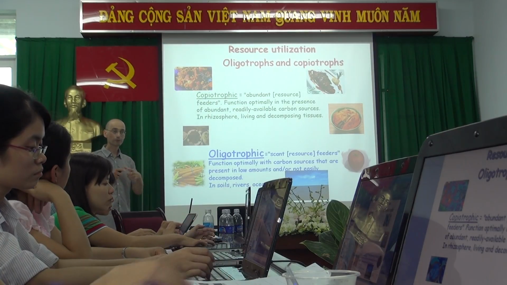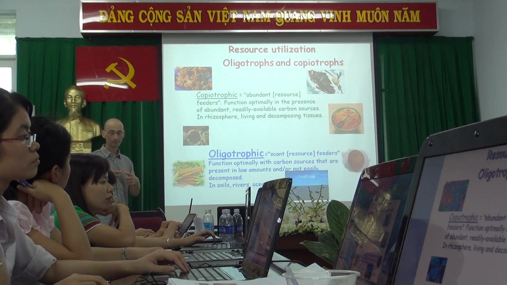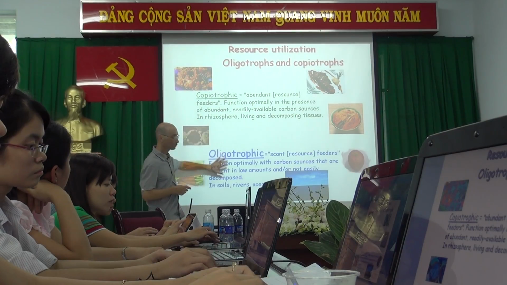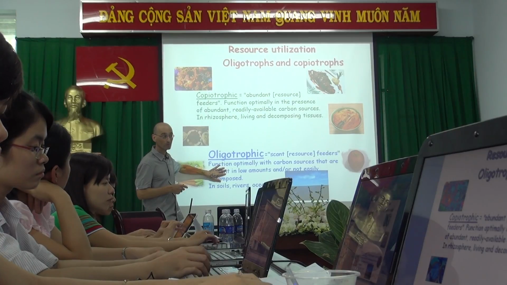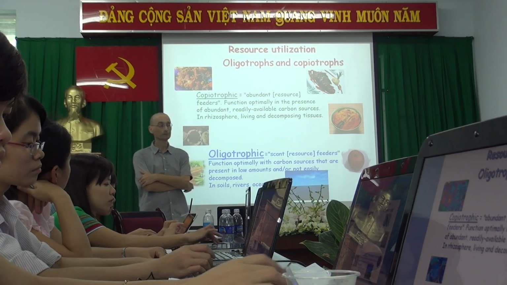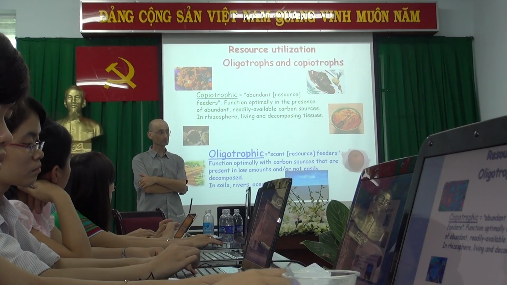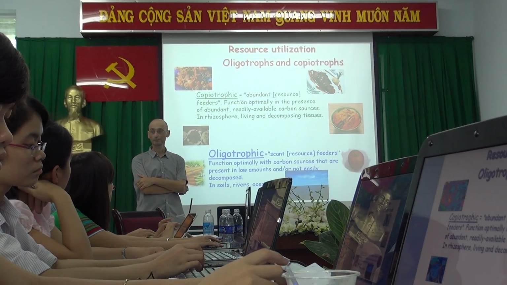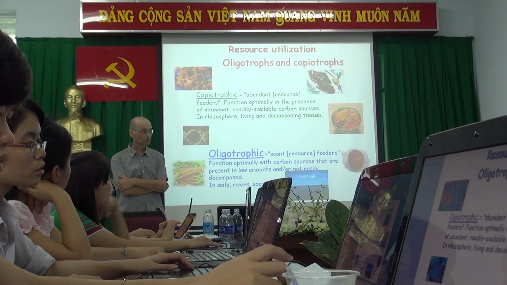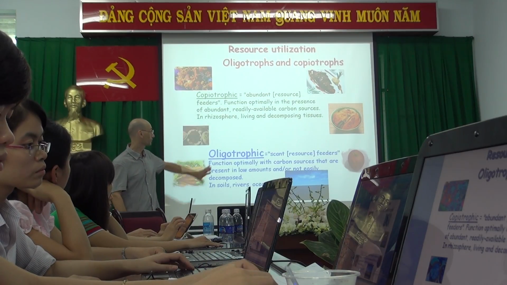So the type of medium we're using in the lab, the NA medium, is it a medium for copiotrophs or a medium for oligotrophs? Vậy cái môi trường NA, môi trường dinh dưỡng chung đó, là dành cho oligotroph hay copiotroph? Copiotrophs, exactly.